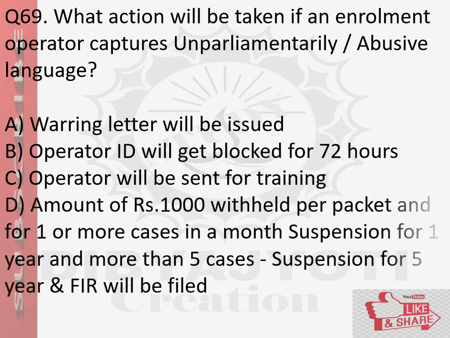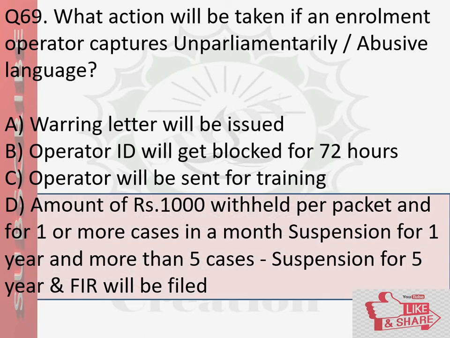Option C, operator will be sent for training. Option D, amount of 1000 withheld per packet, and for one or more cases in a month, suspension for 1 year, and more than 5 cases, suspension for 5 years, and FIR will be filed. And the answer is option D.